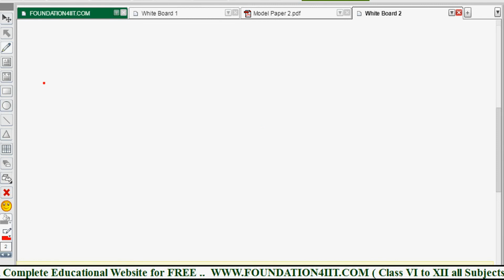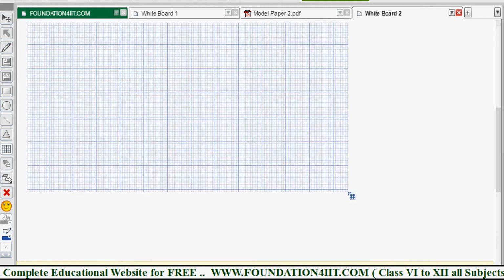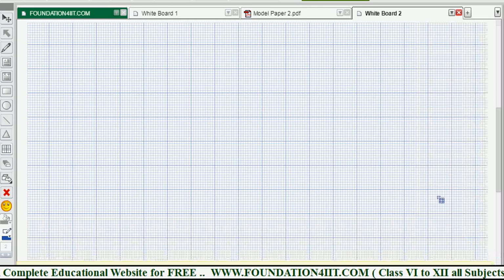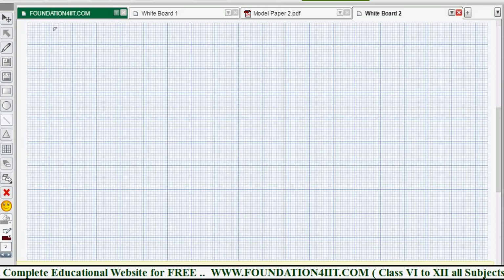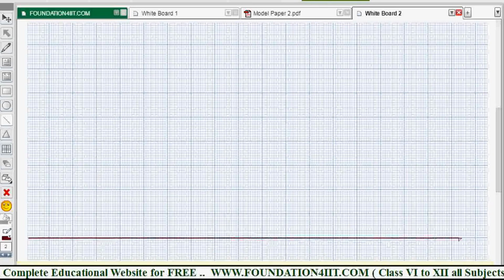Now whenever we take the graph, we should take x and y axis. Okay, this is the x-axis and vertical is the y-axis. Once you plot the points clearly, you can find the answers.